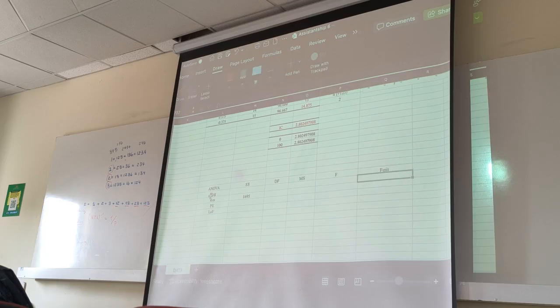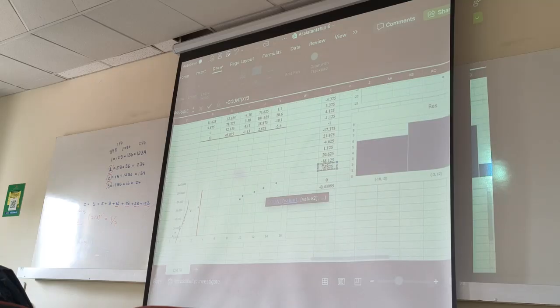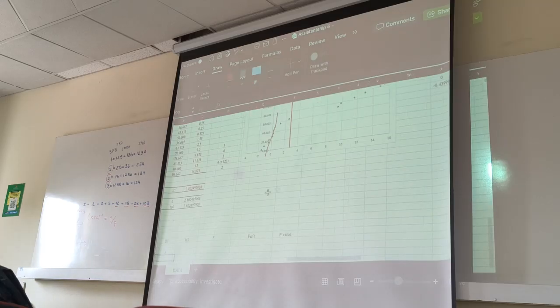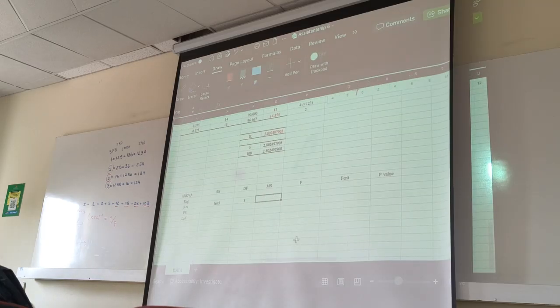The degree of freedom of the residuals are N less P. In this case, N is and the P are 8 parameters. Yes. And the MS is always the SS above the degree of freedom.